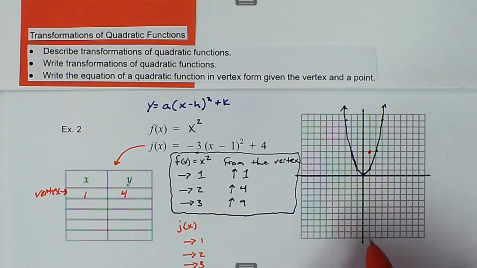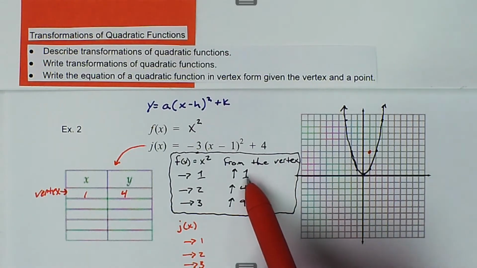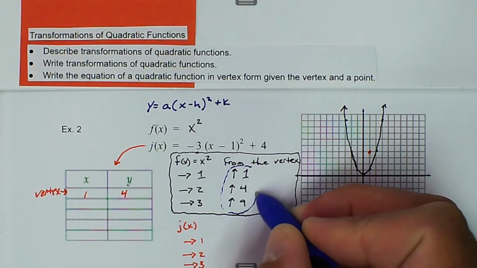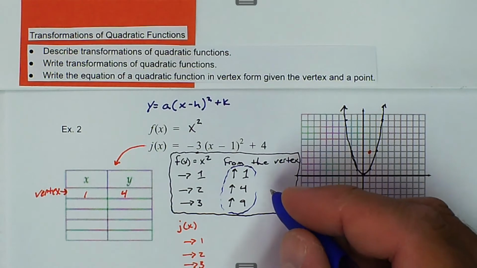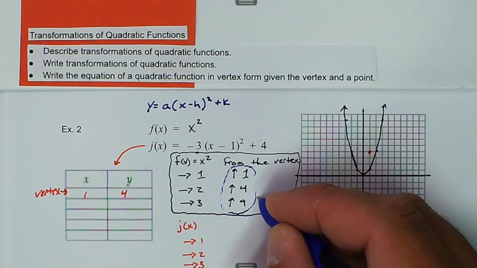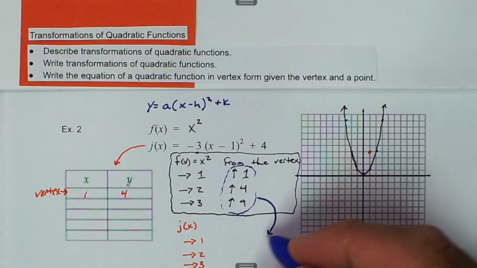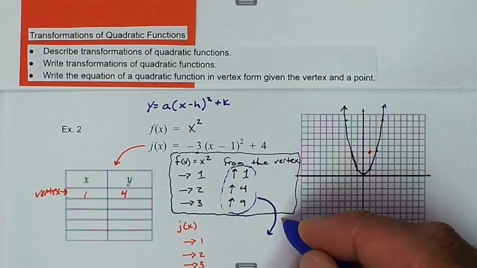But now what we have to do is scale what the y value does. So we take what happens to the y values, and we're going to scale them by -3 to get our new y values.